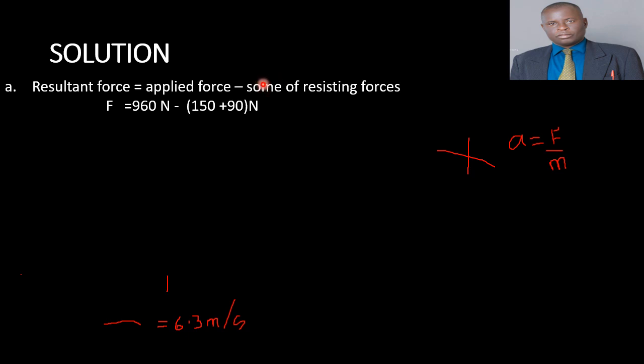The resultant force is simply 960 minus the sum of the two resisting forces, frictional force and air resistance. Just add the two and subtract from the total applied force, which gives 720 newtons. Please check the mathematics against mine, so that you can correct it if it is not in order.